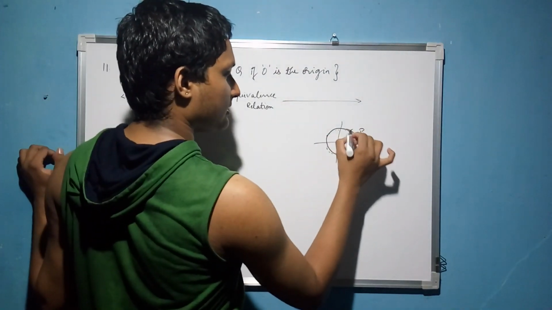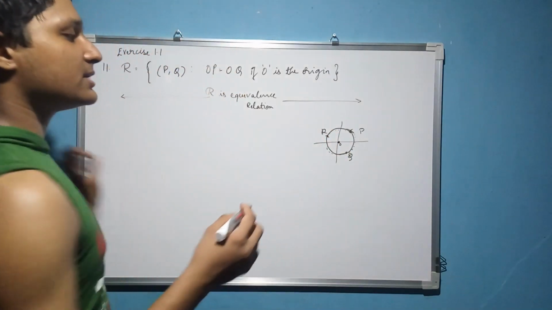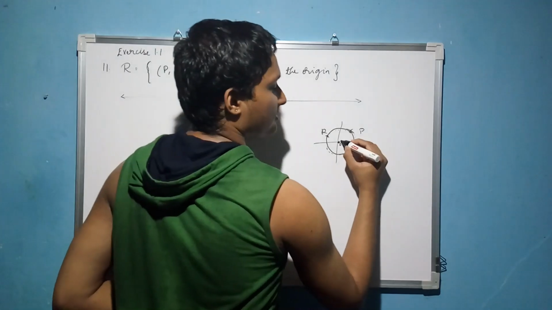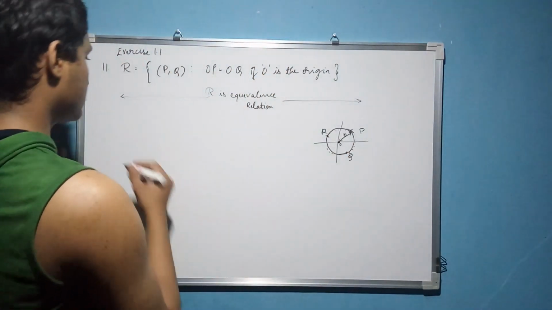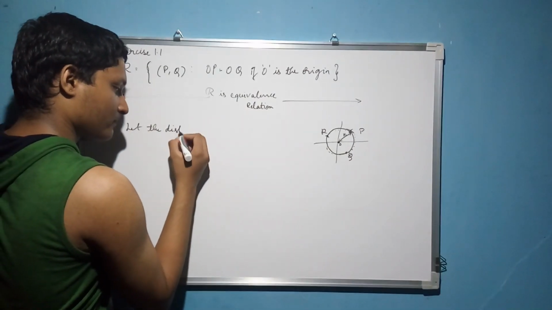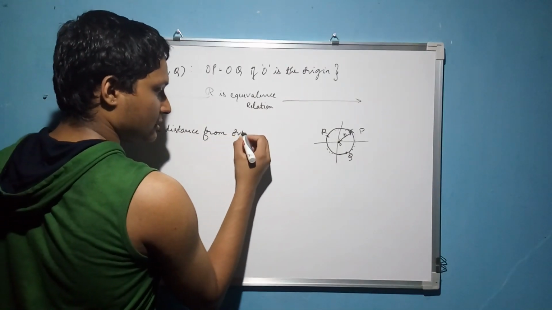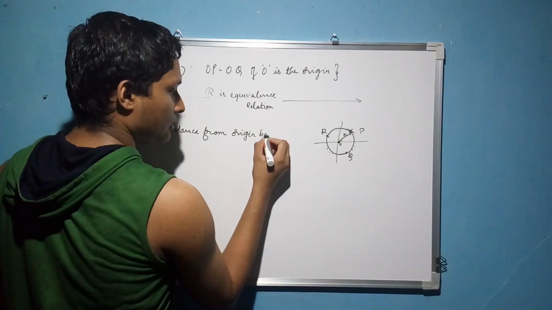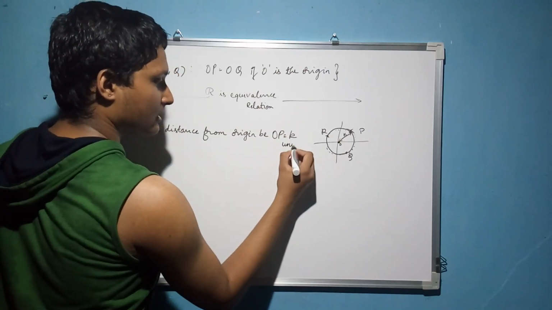Say this is P and there is some Q, R. Let the distance from the origin to P be equal to k units.